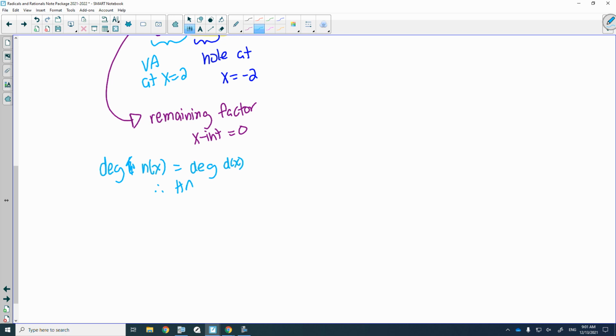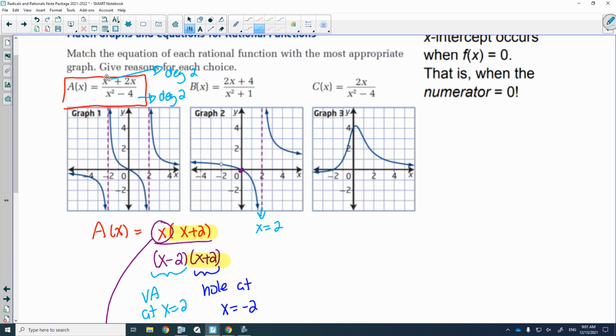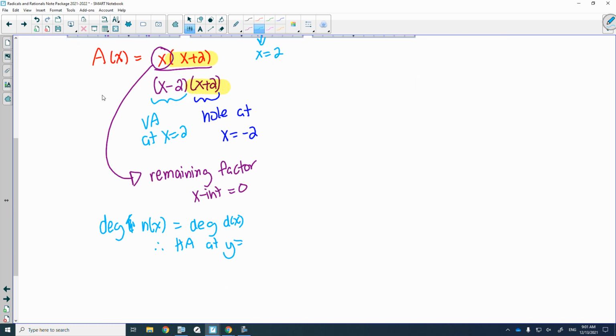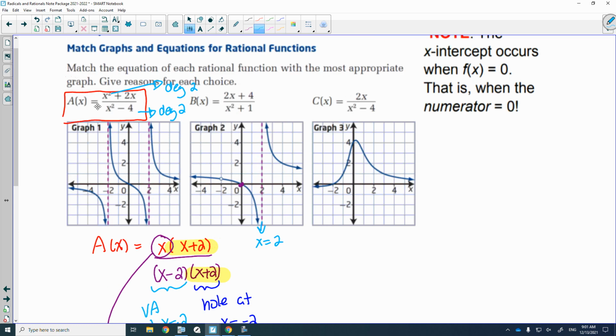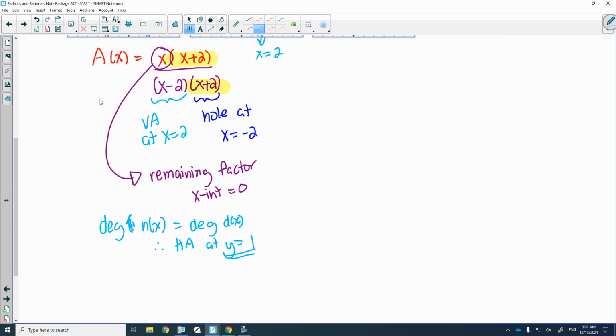Therefore, there's an HA at y is equal to a over b. A is the leading coefficient of the numerator, b is the leading coefficient of the denominator, which would be 1 over 1. So there's an HA at y is equal to 1. And I'm going to go to that graph, and right here, that's my HA at y is equal to 1. So a of x matches up with graph 2.